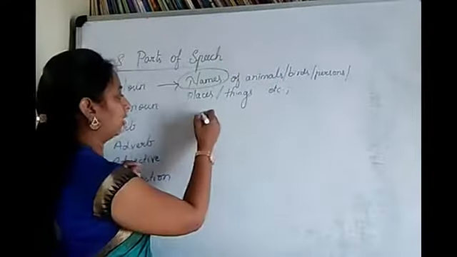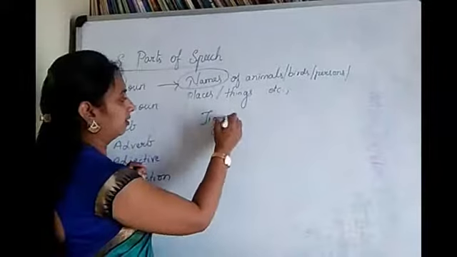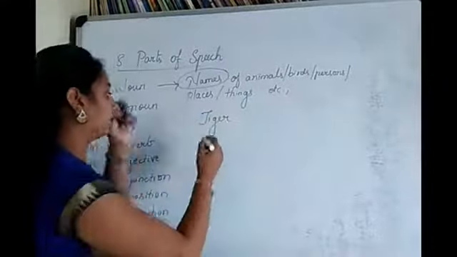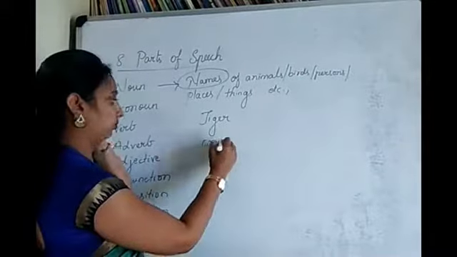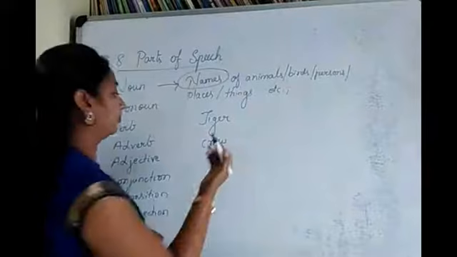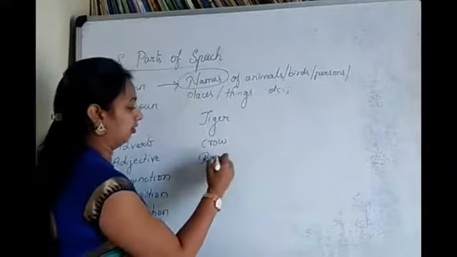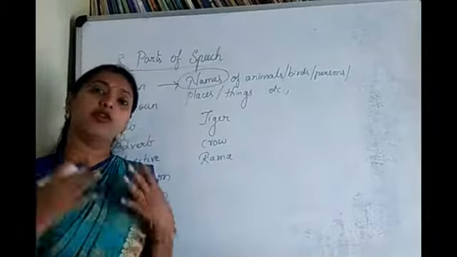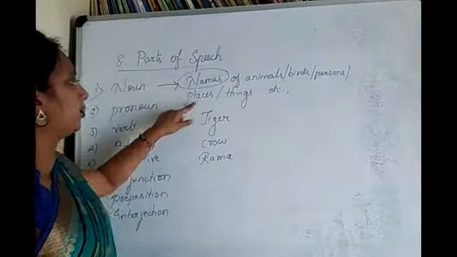Animal. So, can I go for tiger? Tiger is an animal. Then we'll go for bird. Bird, I'll go for crow. Crow is a bird. Name of a person. I'll take Rama. Rama is the name of a person. I'm giving one example. You can go for many examples. Next, places.